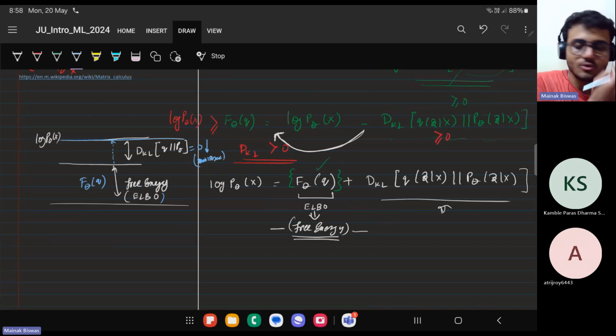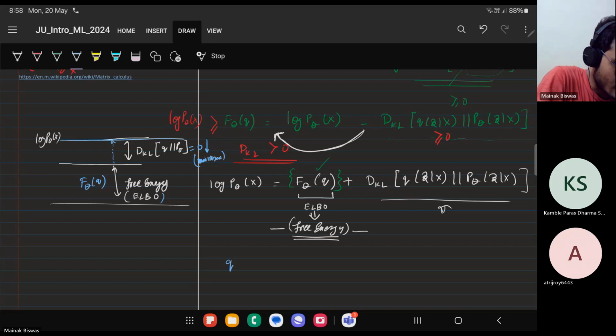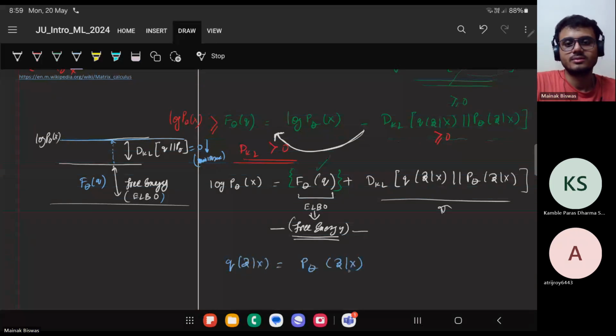We have a closed form over here. That is, q of z given x is equal to p theta of z given x. If I can make them equal, then this will go to 0.